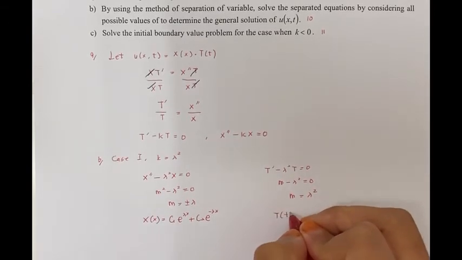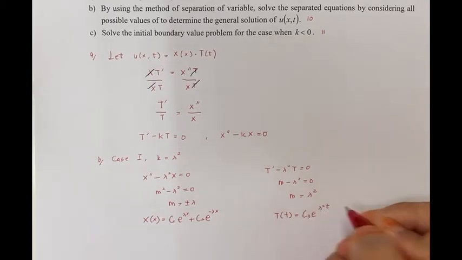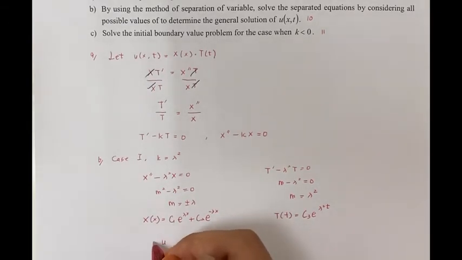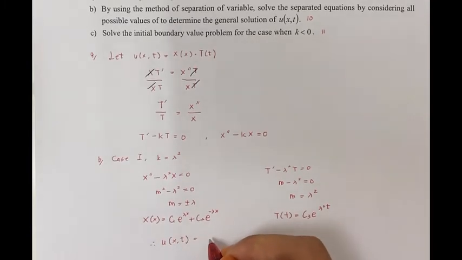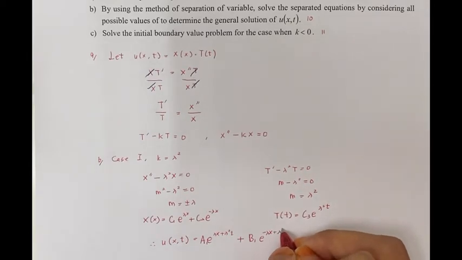And T here is equal to C3 exponent lambda square T. Once you have your X and T, you can find U(X,T) by multiplying both X and T. So you have A1 exponent (lambda X plus lambda square T) plus B1 exponent (negative lambda X plus lambda square T).